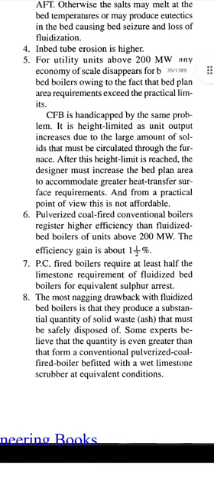Next one, pulverized coal-fired conventional boilers register higher efficiency than fluidized bed boilers of unit above 200 megawatt. The efficiency gain is about 1.5%. PC fired boilers require at least half the limestone requirement of fluidized bed boilers for equivalent sulfur arrest.